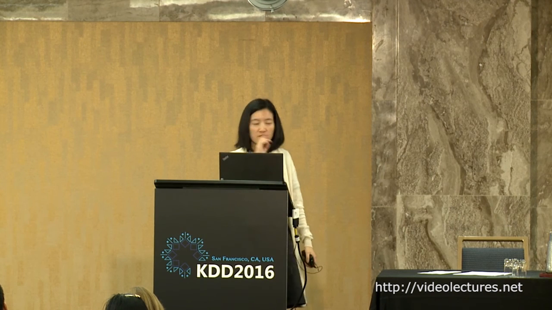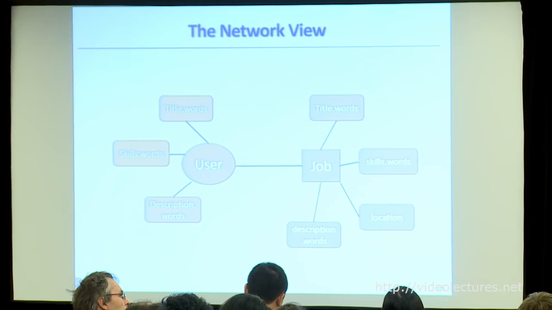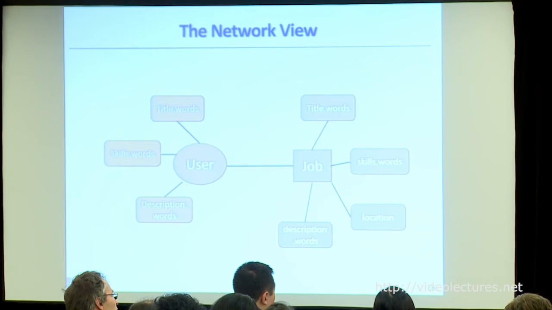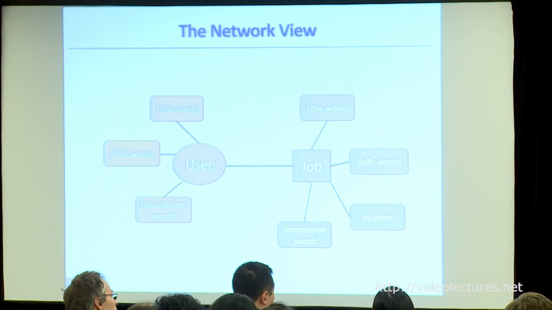In terms of the network view, this user has a very nice heterogeneous ego network, and this job also has a very nice heterogeneous ego network. Here users and jobs are linked to text, but this text belongs to different fields, so text belonging to different fields can be considered as different types.